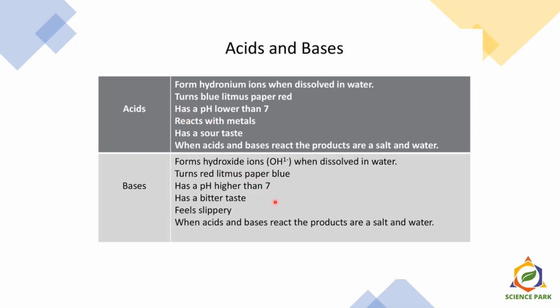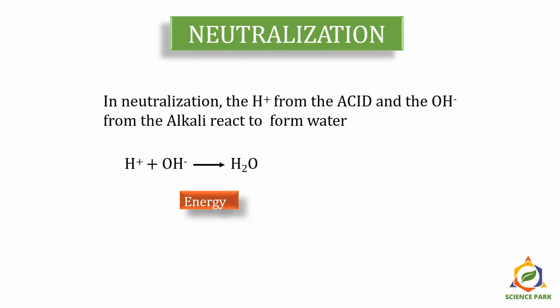Bases have pH higher than 7. Acids react with metals and have a sour taste. But bases always have a bitter taste, and if you take a base in your hand, it feels slippery. Now this last point is the same for both acids and bases: when acids and bases react, the products are salt and water.